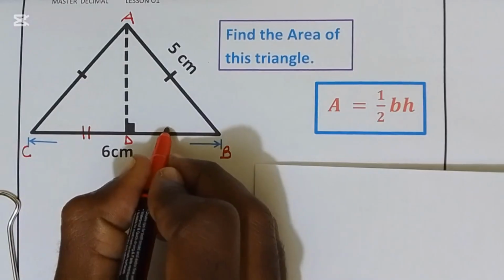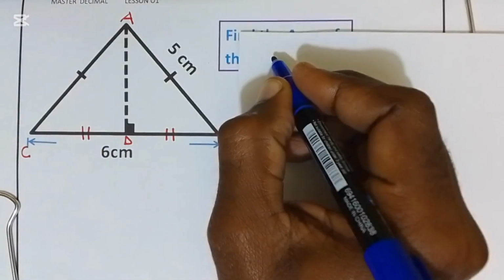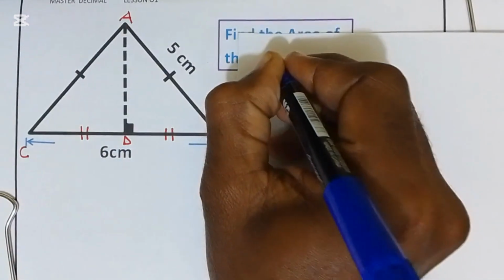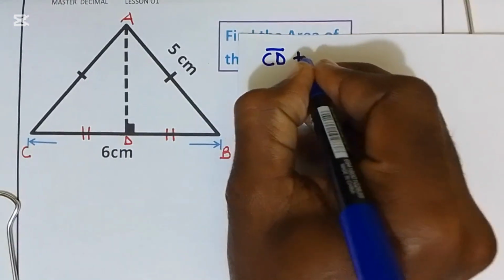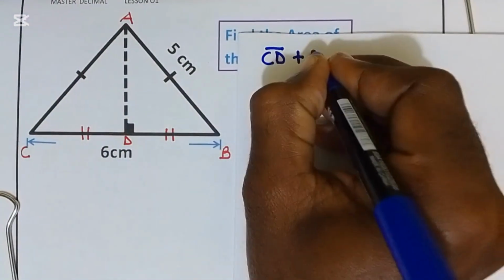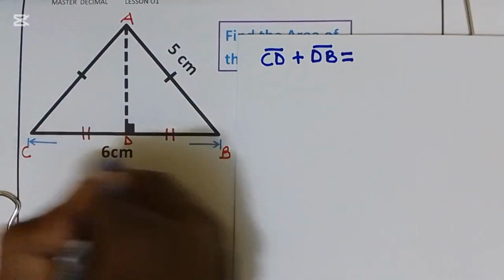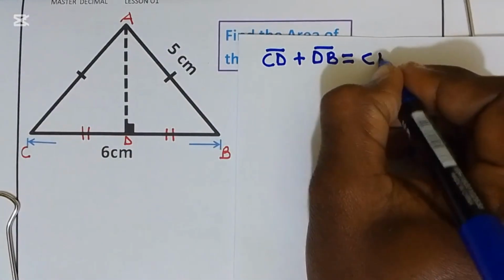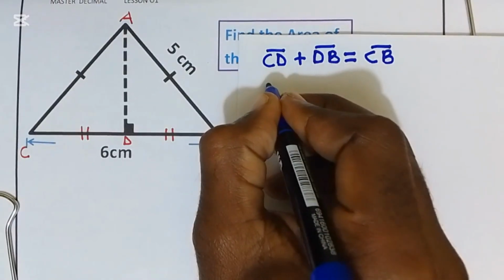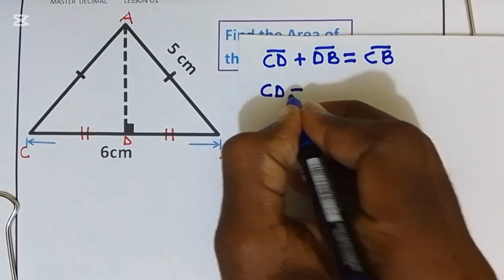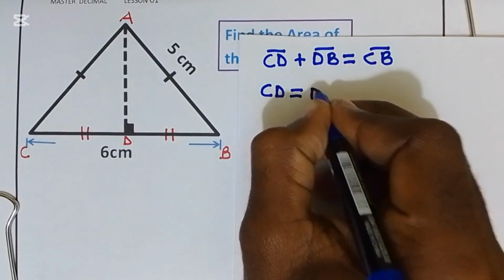They're equal. If that is the case, then CD plus DB is equal to CB, but CD is equal to DB.